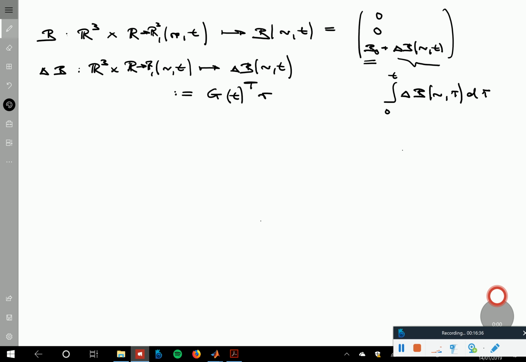And the question is, of course, then what this G of t is. And this is what I will now call the gradient function, which is a function of time only.